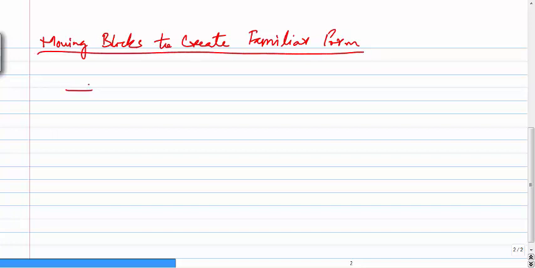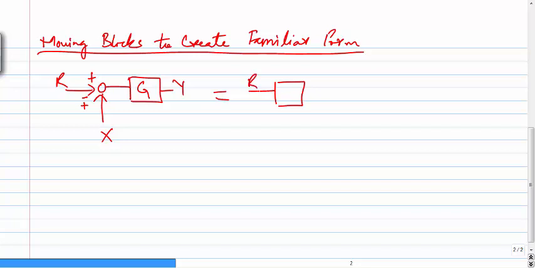For example, if you have an input R, and there's another input X that are plus minus, doesn't matter, and then there's a gain G and you get the output Y. If I want to move G in that direction, this means that this is R plus X times G, or we can write it as RG plus XG.